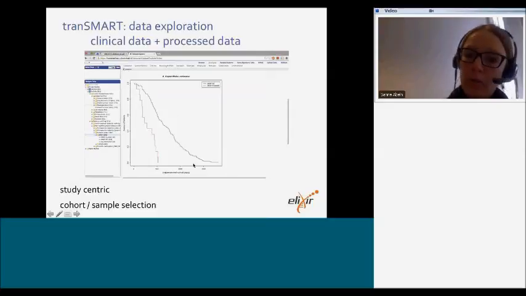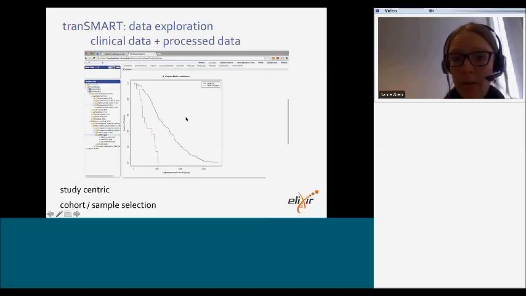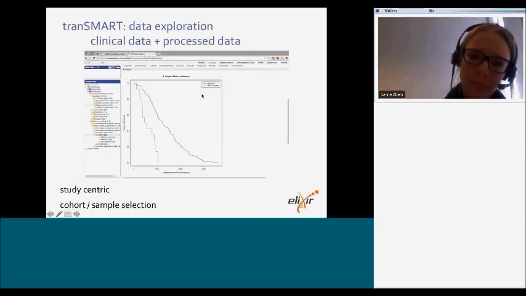If, for example, a certain group of patients, think about a certain mutation being present or not. And so you here see that for the BRAF red line, if you have a mutated version, the survival time here is lower for this group of patients. And so the real richness of Transmart is combining this clinical data with the processed molecular profiling data.